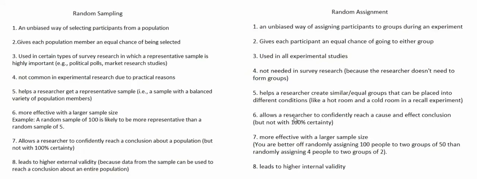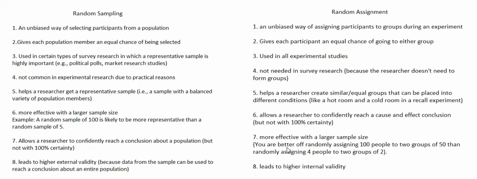Also, I said random assignment is also more effective with a larger sample size. Let me start with the most extreme example. If you take two individuals and you randomly assign them to two separate groups, there's no reason at all to expect the two groups to be similar, because you just have one person over here and one person over here, and they're just two individuals, right? And who knows if they're similar?